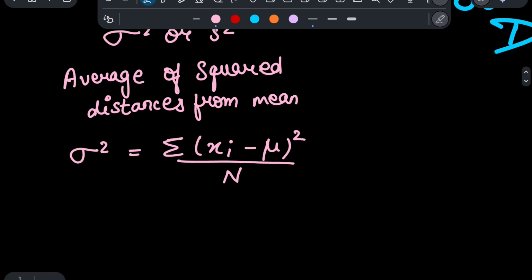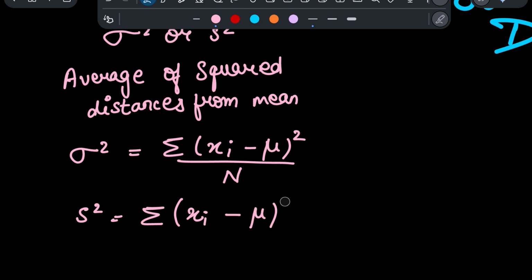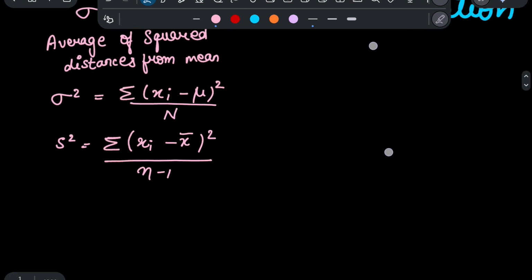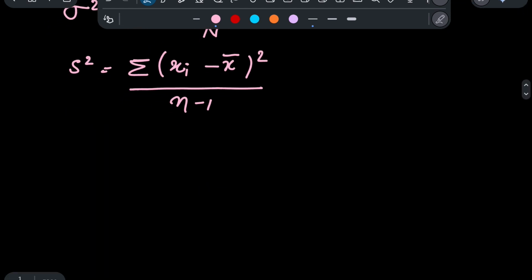There is one more, the variance of the sample, whose formula is similar, with just a small difference: summation of (xi minus x bar) square, where xi are the individual data points and x bar is the mean, divided by n minus 1. We can write mu as x bar so that it's differentiated, nothing much more.